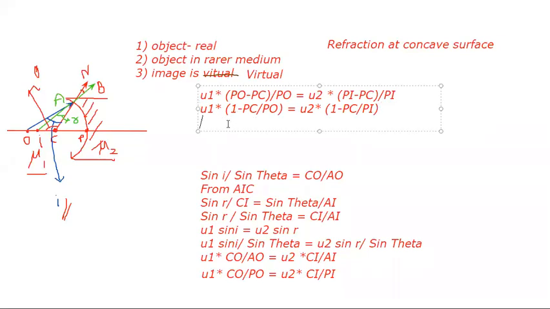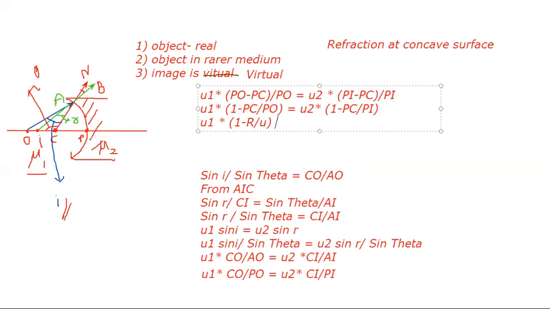So now, what is PC by PI? PC is nothing but minus R, and PO is nothing but minus U. So your equation will now become mu1 into 1 minus R by U, because PC and PO both are negative, right?